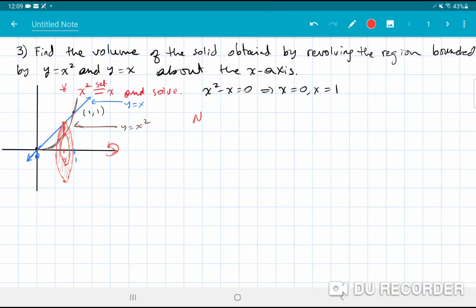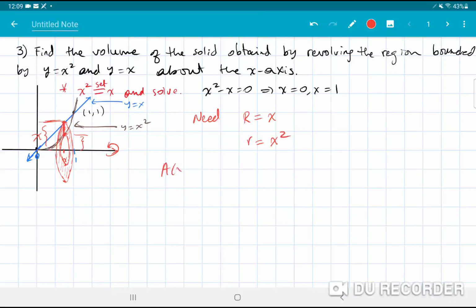So we need a big R and a little r. To find the big R, the big radius, we just need to find the distance from this point to the x-axis. Because the graph is y equals x, this is simply x. Little r is from the graph of y equals x squared to the x-axis, which is x squared.